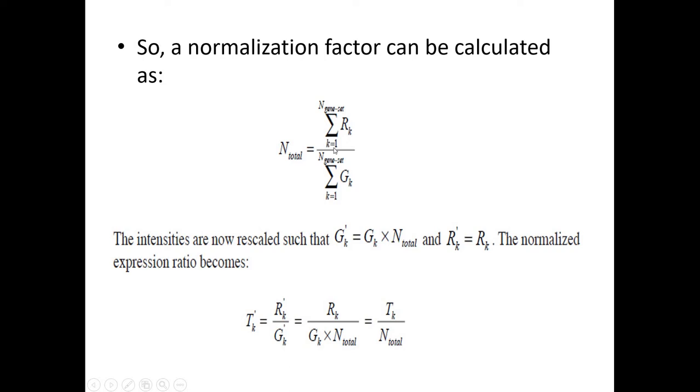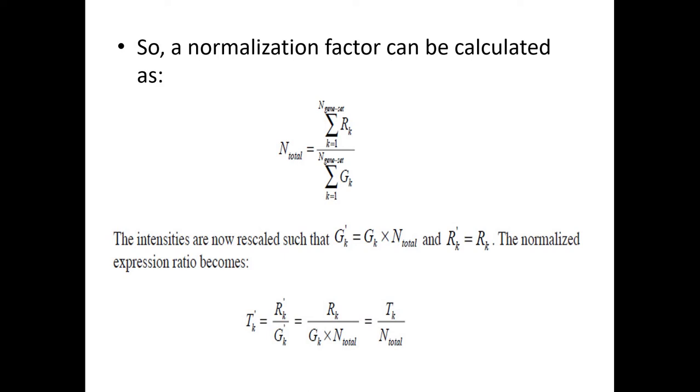Here you can see k is equal to 1, so it starts from one gene and goes up to n genes in the set. There will be a summation of the intensity in that gene set, RK, and then RK by GK. We have already discussed this: the intensity ratio is RK by GK, but here we are considering it for the selected gene set.